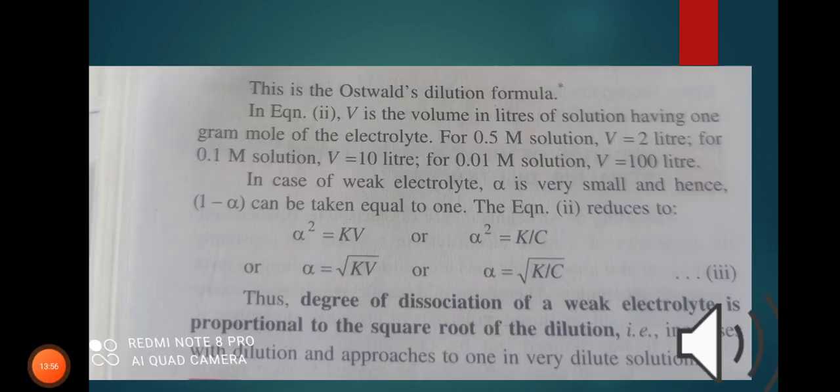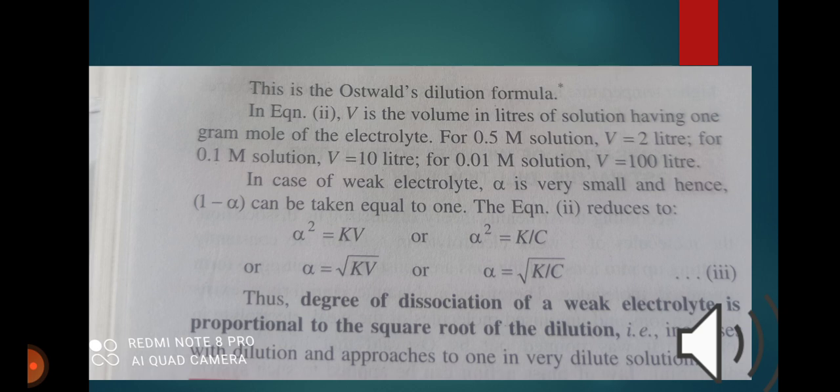Now what is C? C is the molar concentration. This equation 2 is the Ostwald's dilution formula. In case of weak electrolyte, alpha is very small, and hence 1 minus alpha can be taken equal to 1.